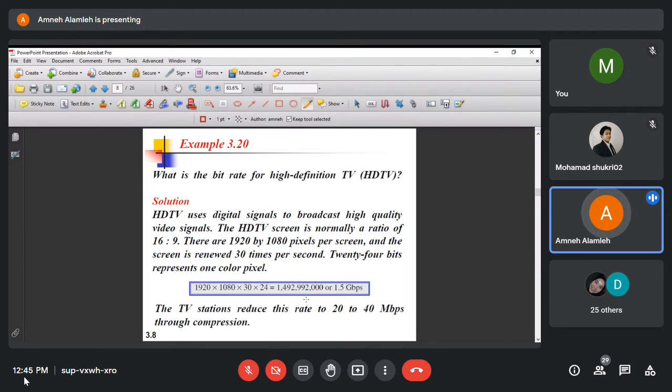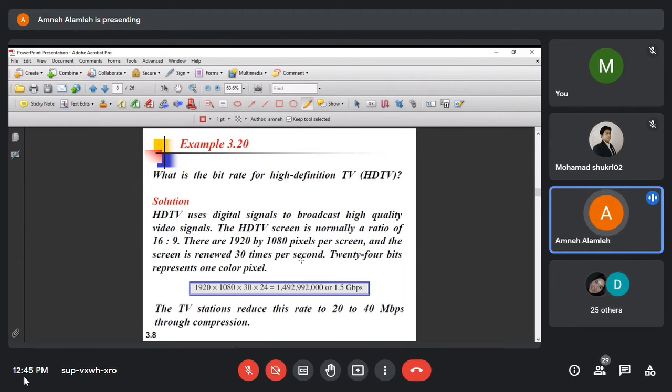The HDTV screen is normally a ratio of 1920 by 1080 pixels per screen. And the screen is renewed 30 times per second. So the pixels you see on the screen are not stable.